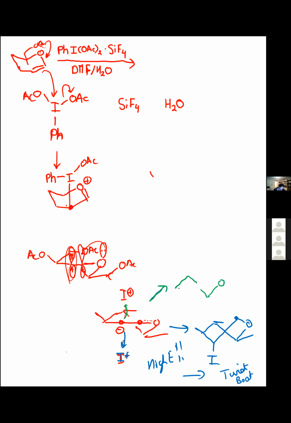But now, this front carbon is pushing up, which is going to push this guy down. And oh, look, that's a chair. And chairs are very low energy, as we know.